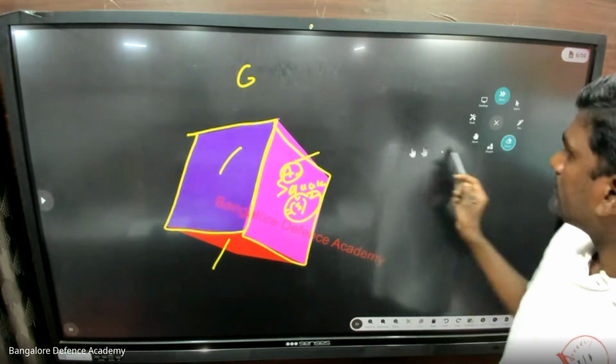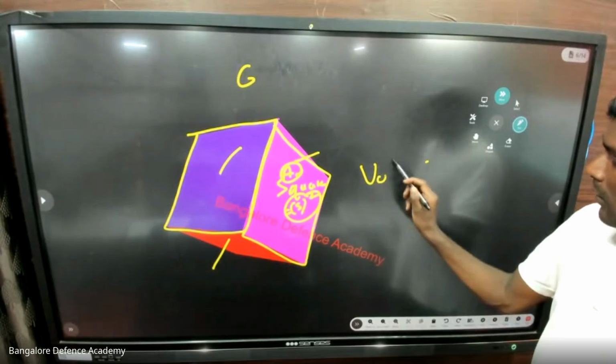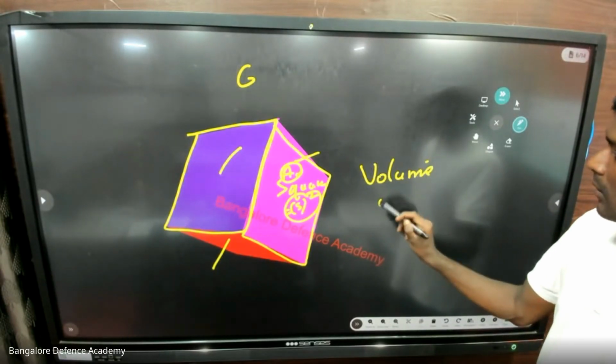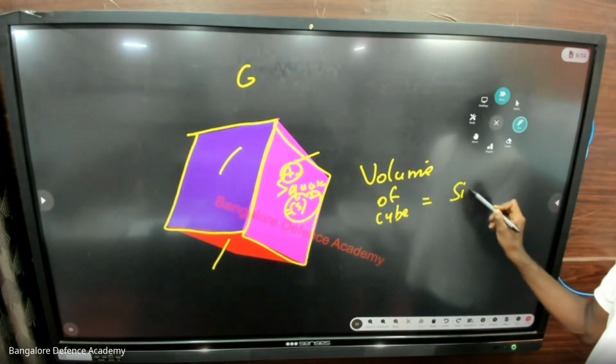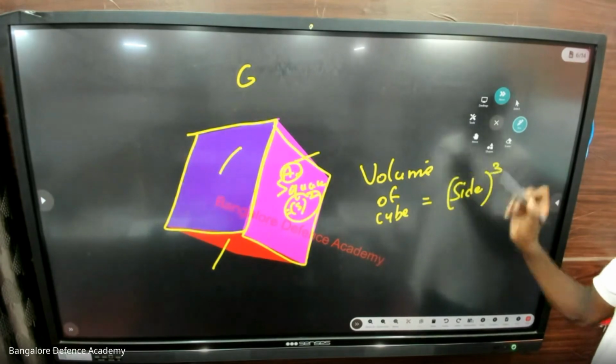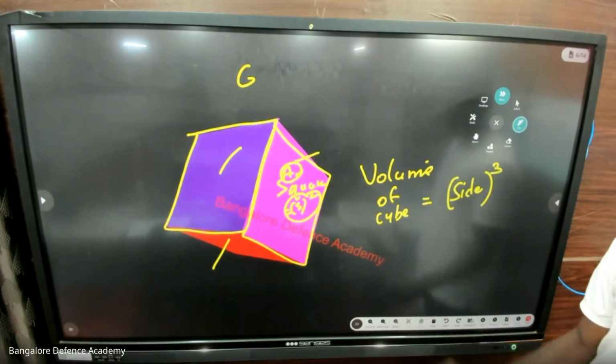Now write down the two important formulas. Write down quickly. Volume of cube is side cube.